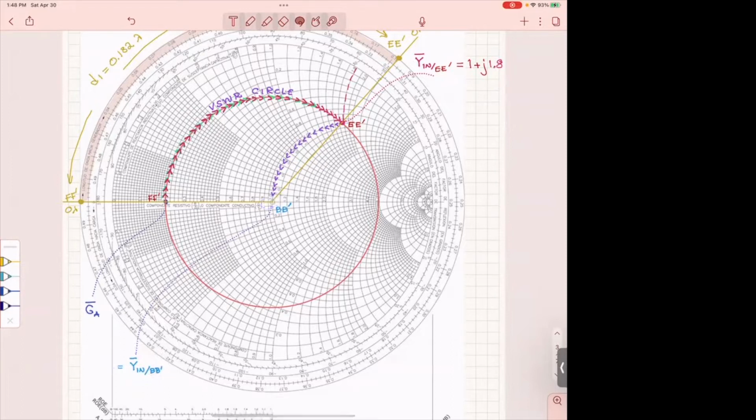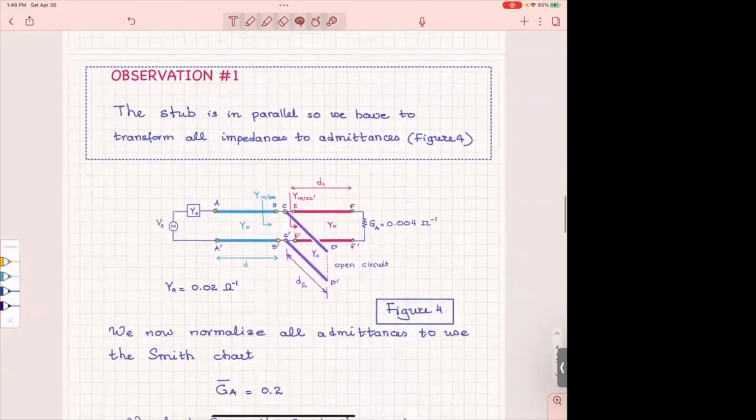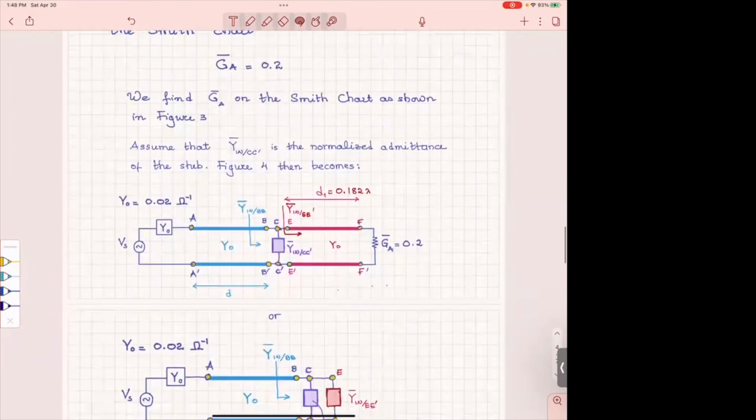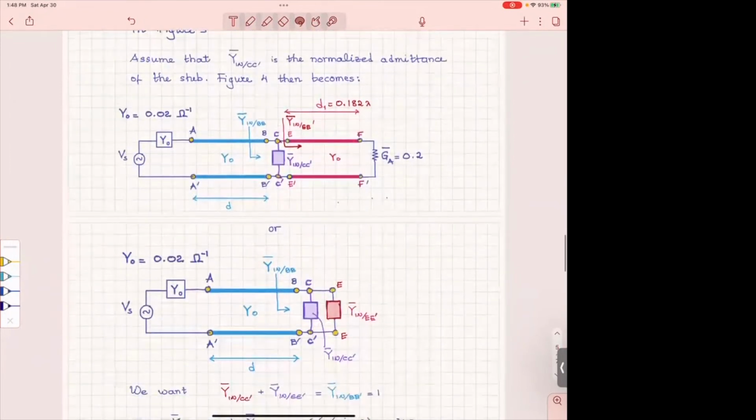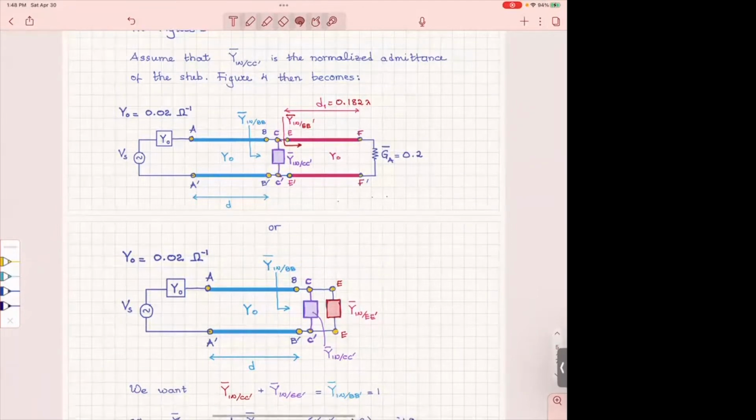All right, so arriving at the center of the Smith chart shows you that you have been able to achieve a perfect match. When we are done with the matching, then this impedance here, normalized, is at the center of the Smith chart.